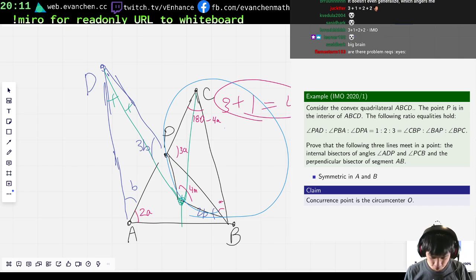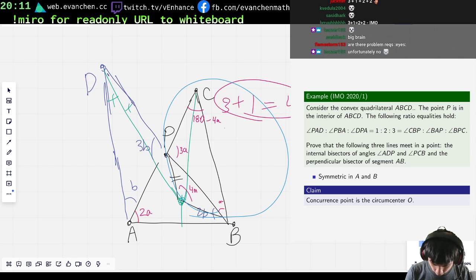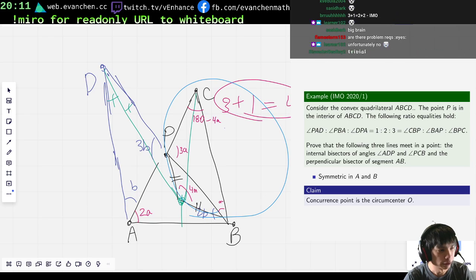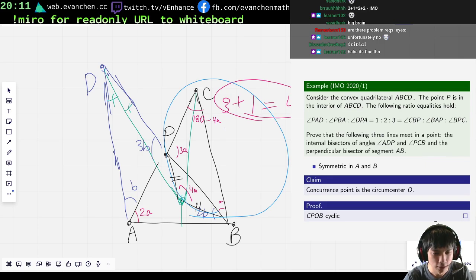Because it's cyclic and it's the circumcenter, these are equal. So once we have CPOB cyclic, since OP equals OB, we're done. And that's it.